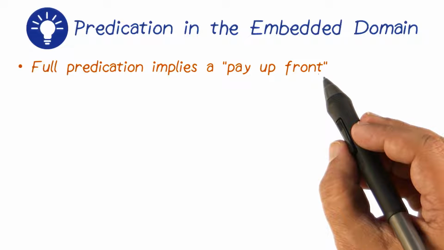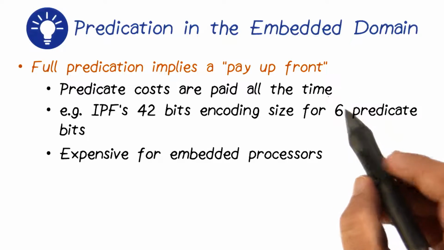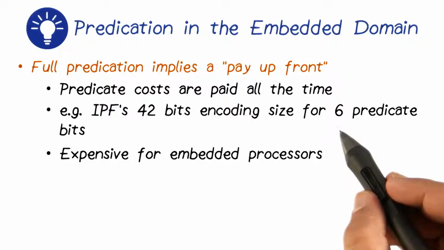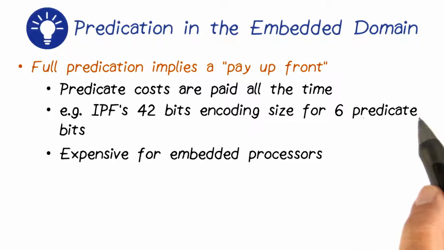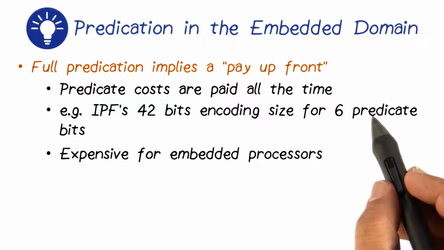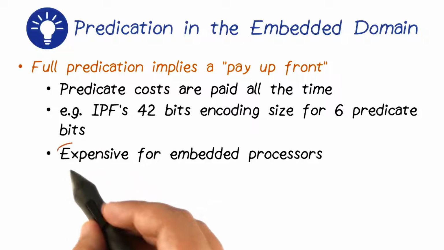First thing is, implementing full predication means you pay upfront. What does this mean? This means that you have longer instructions. For example, in IPF, there is a 42-bit encoding size for 6 predicate bits, you have a large number of predicate registers, and so on. And so in general, more hardware complexity doesn't sound good for embedded processors, and so this solution is expensive.